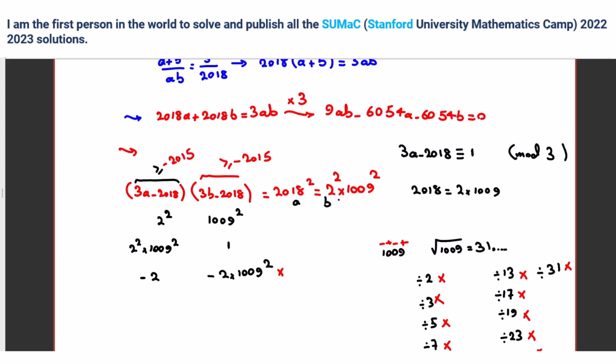I can't find a single case here where both are greater than or equal to minus 2015. You can say negative 2018, negative 2018 also doesn't work, right? Yes, sir. If they are equal, negative 2018, negative 2018 doesn't work. So we can check all of them.